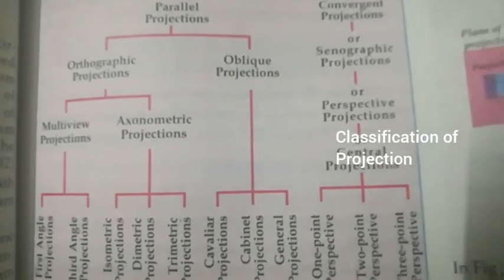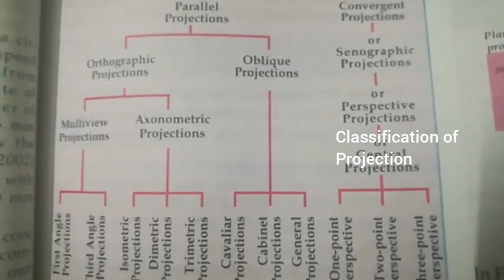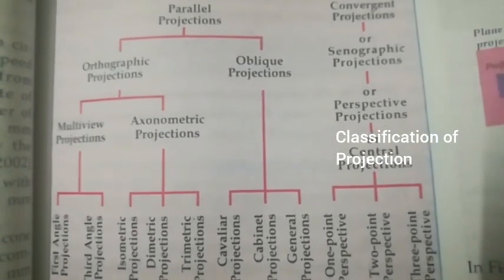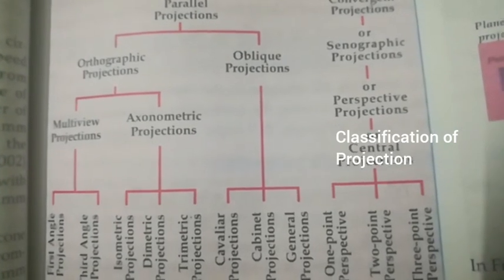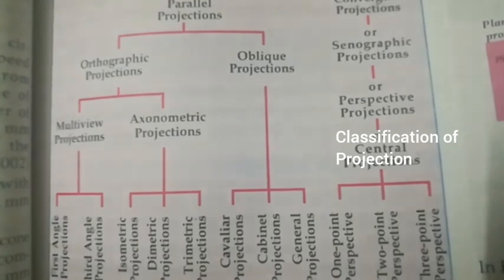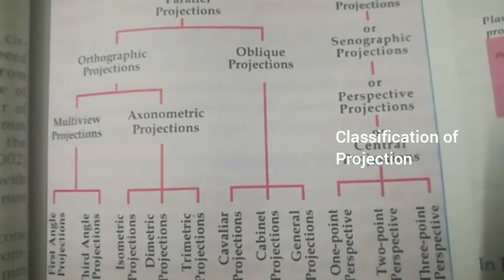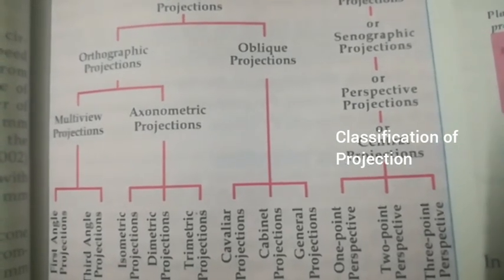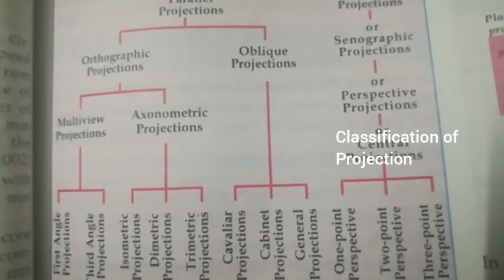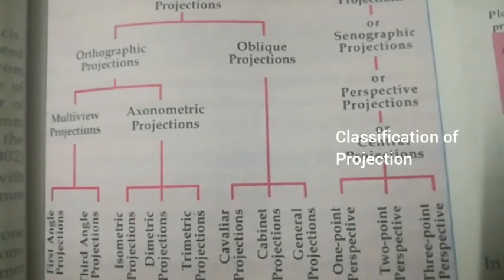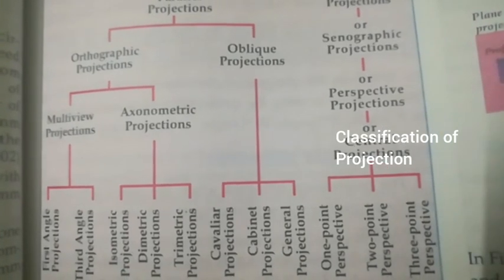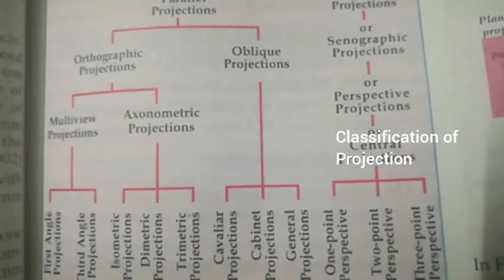This is the overview of the projection. Mainly we have parallel projection and convergent projection. Under parallel projection, orthographic projection. Under orthographic we have multi-view and axonometric projection. Multi-view projection means the projection front view, top view, side view, etc. Axonometric projection means isometric projection. Convergent projection means perspective projection.